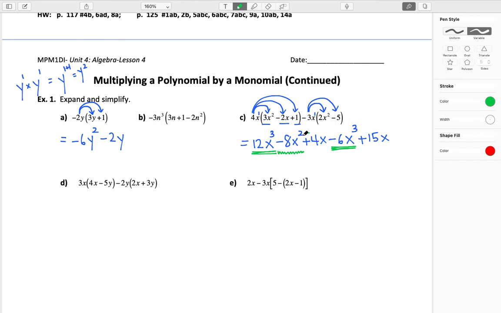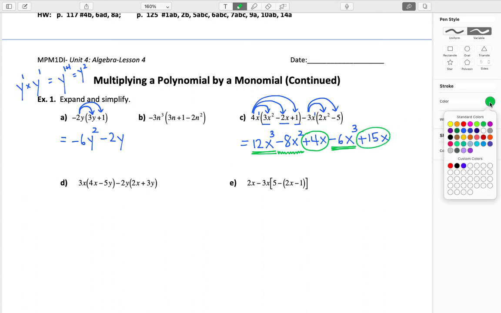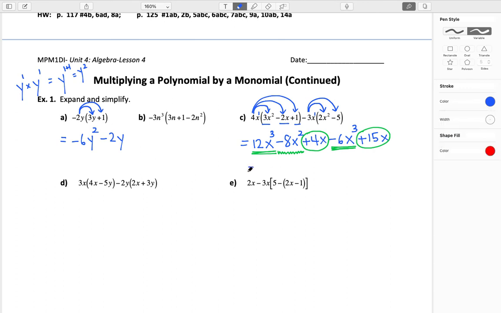And then positive 4x is a like term with positive 15x. So collect the like terms with the underline, with the highest exponent, the degree. So 12x cubed minus 6x cubed minus 8x squared. And then collect the circle, so plus 4x plus 15x.